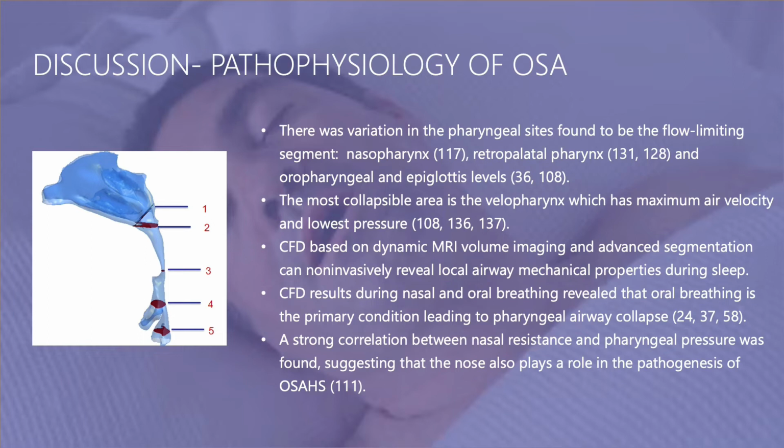CFD results during nasal and oral breathing reveal that oral breathing is a primary condition leading to pharyngeal airway collapse. A strong correlation between nasal resistance and pharyngeal pressure was found, suggesting that the nose plays a main role in the pathogenesis of obstructive sleep apnea.